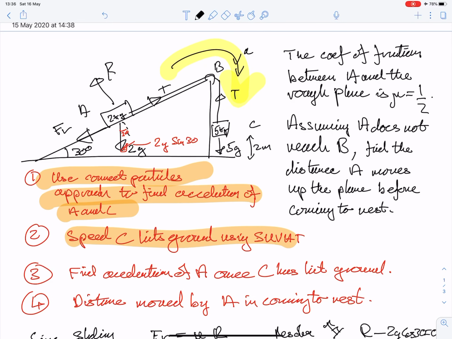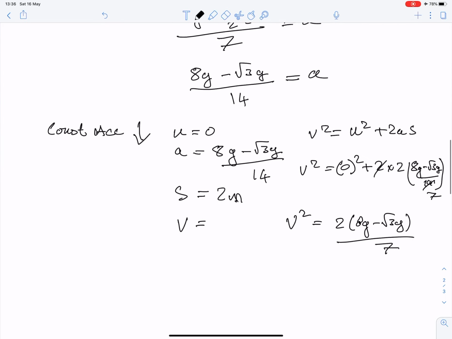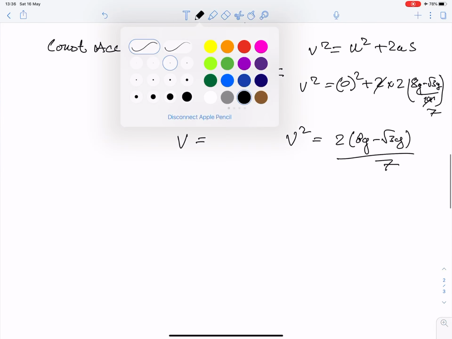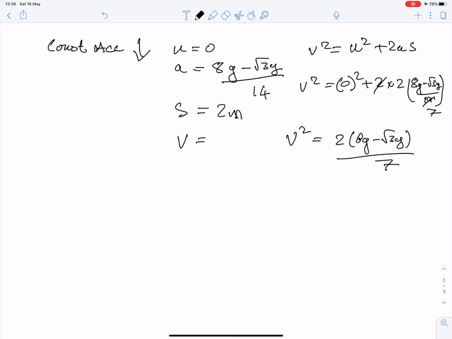So v squared equals 0 squared plus 2 times 2, the distance, times the acceleration, which is (8g minus root 3 g) over 14.